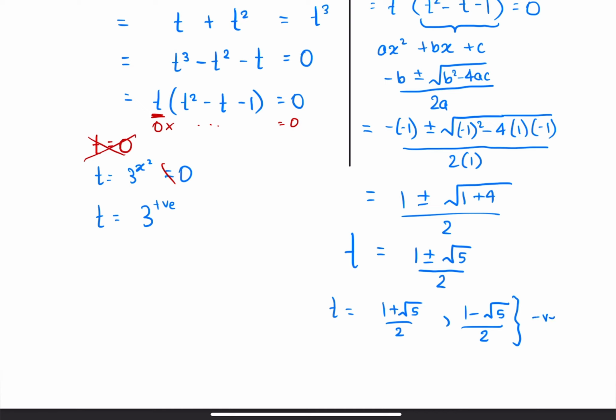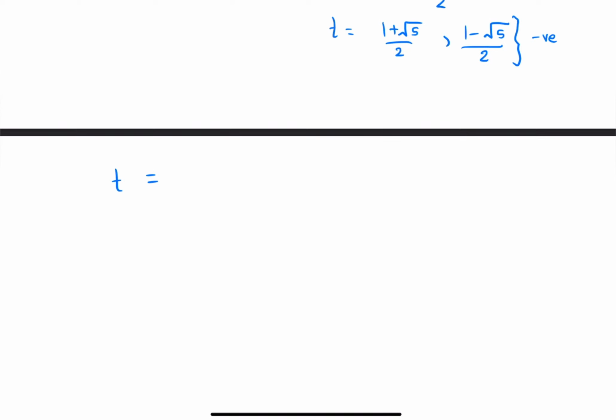And t is not negative because a positive number raised to a power can never be negative unless the number itself is negative, which in this case it is not. So we have our value of t, which is 1 plus the square root of 5 divided by 2.